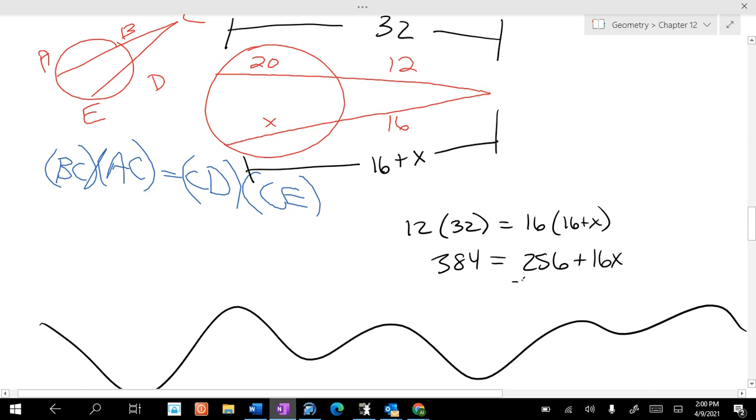Then if we subtract 256 on each side, 16x equals 128. Divide by 16, x equals 8. This would be 8 in here. So 24 times 16 equals 12 times 32.